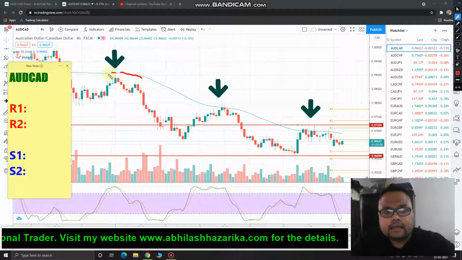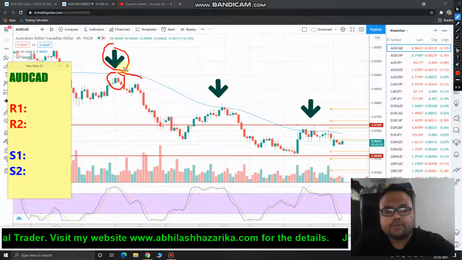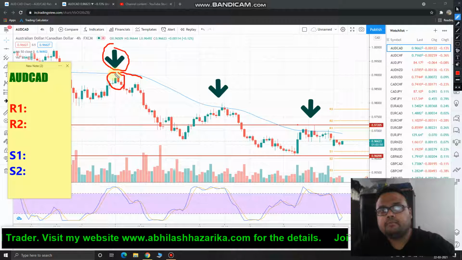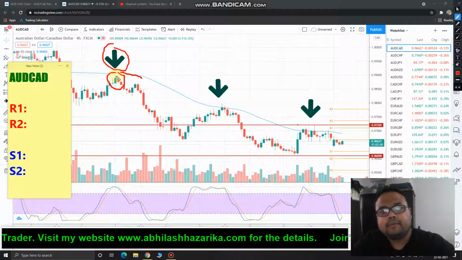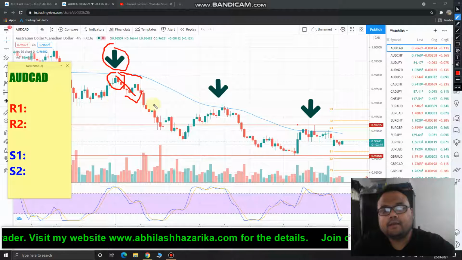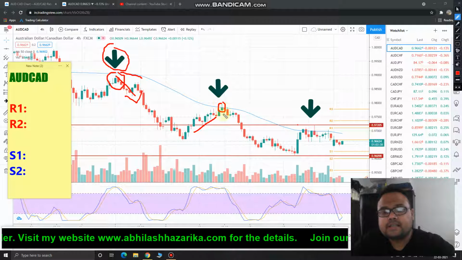Look at the first arrow, this first position. Market went up a little, got resistance and came down. Without wasting time it came down again. Market went up, price rejection from above, got resistance, market came down.